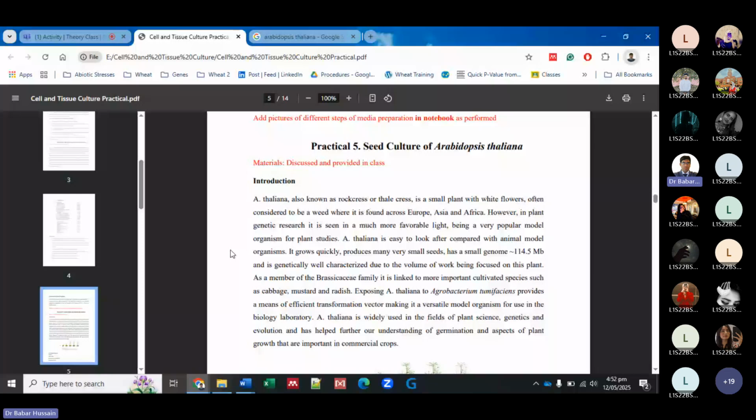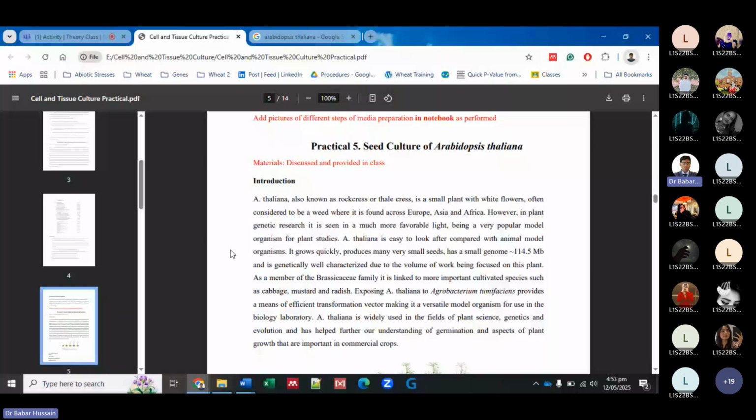Because this is a model plant, hundreds of labs all over the world are working on it. Those labs have successfully developed different transformation protocols, like the floral dip method and Agrobacterium-mediated transformation, to develop transgenic plants. So that's why it is used in hundreds, maybe thousands, of labs all over the world for research purposes.